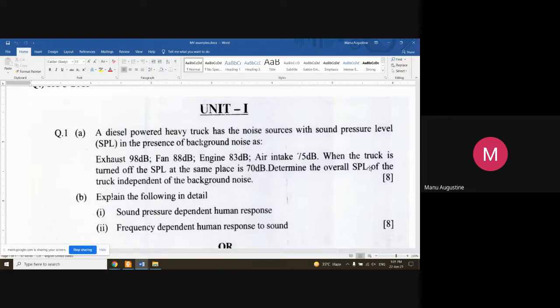So I simply add up the given values despite the fact that I know that these are not independent values but combinations of ambient disturbance also. And then I go on to subtract 4 times 10 to power LP of ambient by 10.